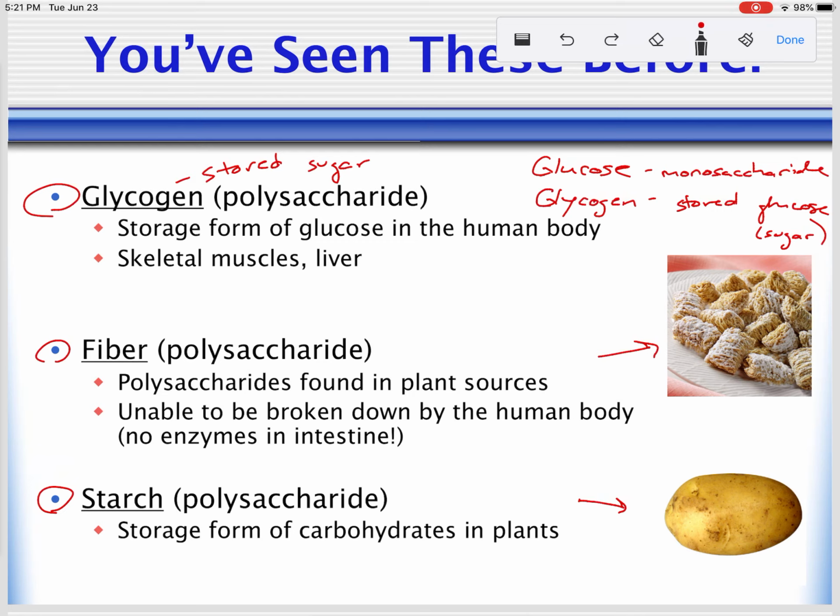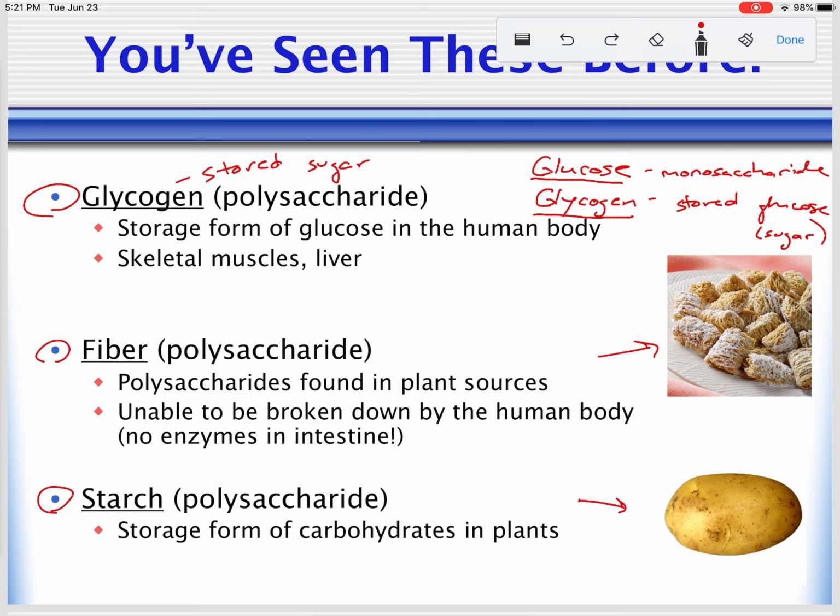So what happens is you eat the pasta dinner, your body breaks down the pasta into its smallest carbohydrate, which is glucose. We keep some glucose in the bloodstream, but then we store the other glucose as glycogen, because again, we don't need all that glucose in our bloodstream at once. So we put some of that glucose into the blood, and then the rest we store for later in a storage form of sugar called glycogen.